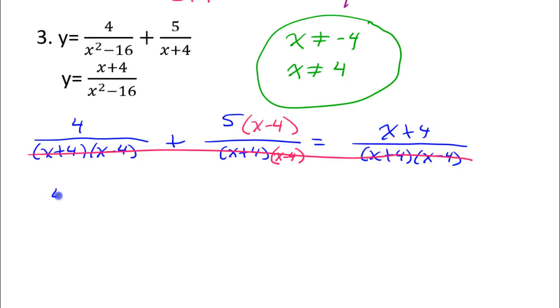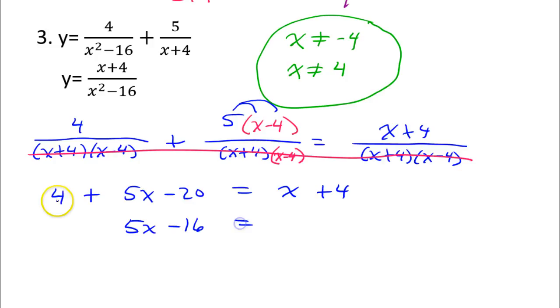So I have 4 plus, going to distribute this, so that'll be 5x minus 20 is equal to x plus 4. Combining these like terms, I have 5x minus 16, alright, with the 4 and the negative 20 is negative 16, is equal to x plus 4.